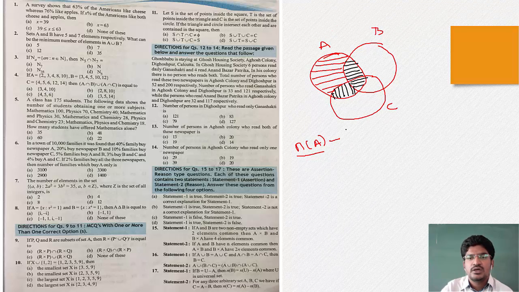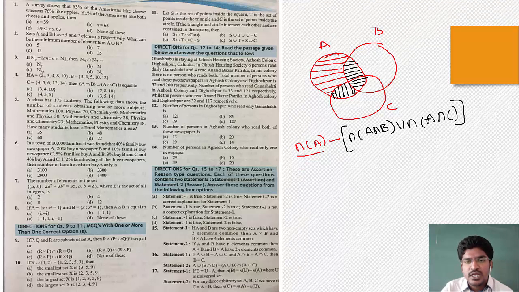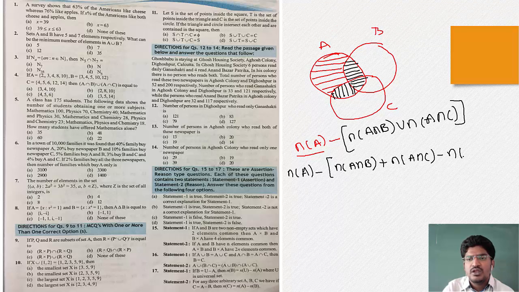This is nothing but n of A intersection B union n of A intersection C. Clear? So, from this you can write n of A minus n of A intersection B plus n of A intersection C minus n of A intersection B intersection C. This thing you have to subtract from n of A. Then you will get the correct answer.